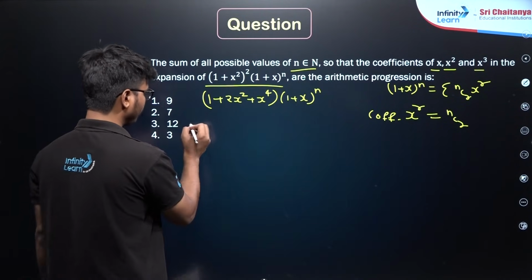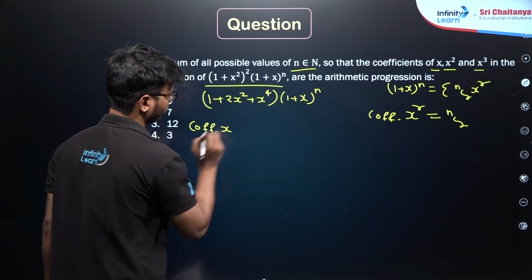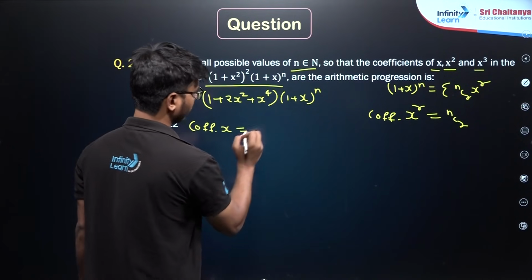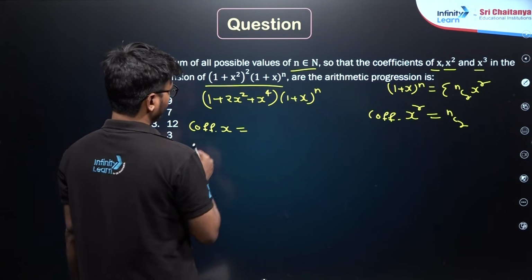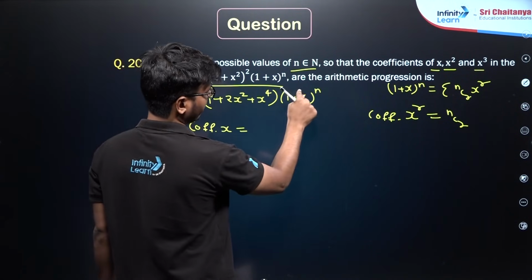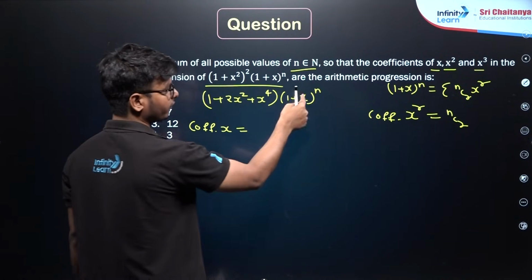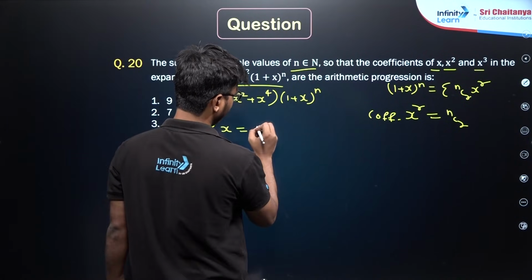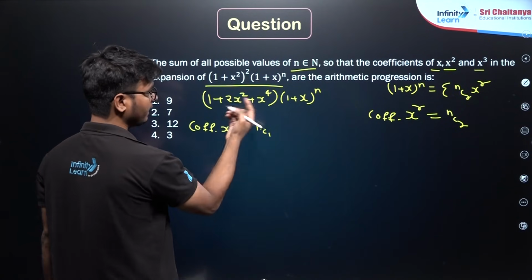So to find the coefficient of x, what is required? How am I going to get the coefficient of x? If you observe, if this 1 gets multiplied with this x, then only I am going to get the x, okay? And what is the coefficient of this x? It is nothing but nC1, correct? Now, is there any other possibility?